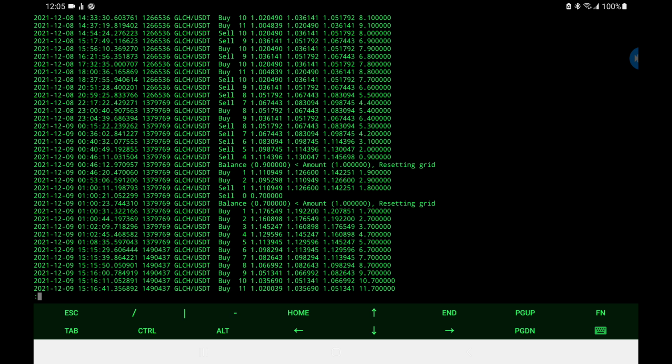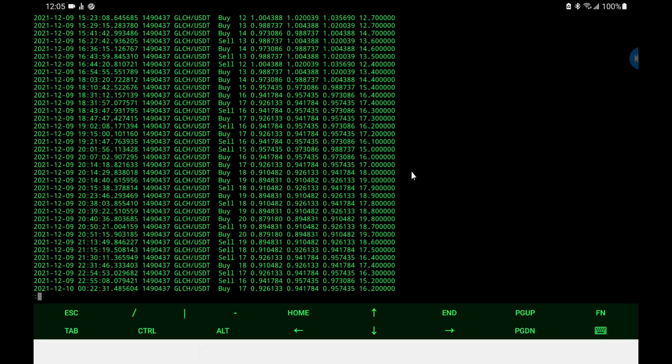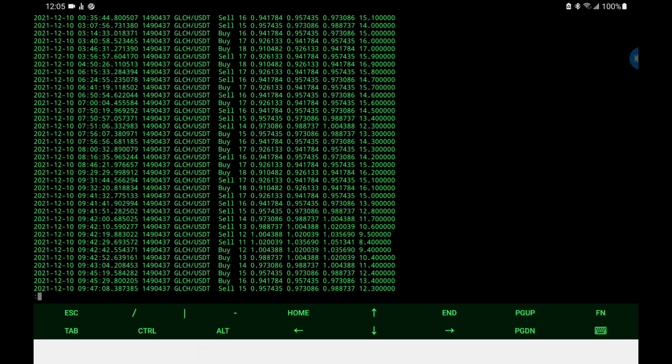As you can see, two grid resets here, which means two times all of my empirical profits became full, true realized profits. And that is what I wanted. Real money. Now you can see we're back into the accumulation sideways motion.